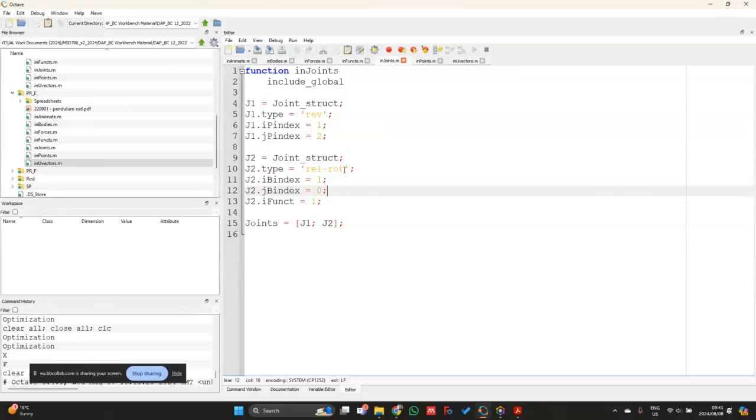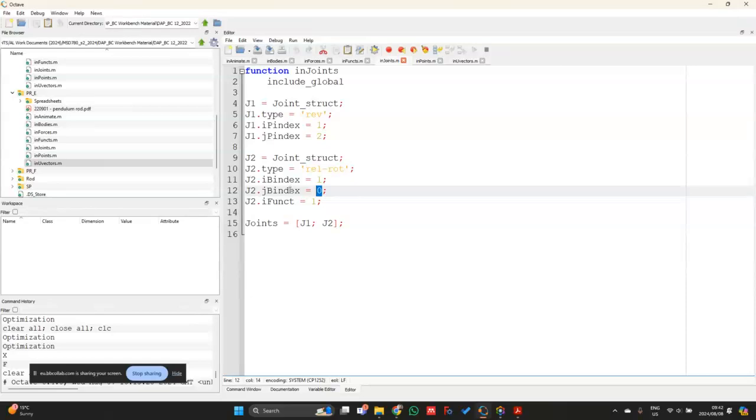So for this type of joint, I need to give it the two body indices. The first body index is body 1, so that is the pendulum rod itself. Then I also have the second body index, so that is simply 0 or ground. So the relative rotation will be between ground and body 1.